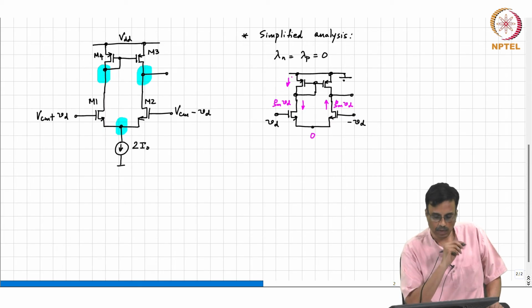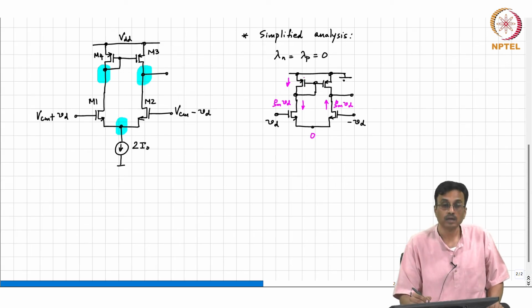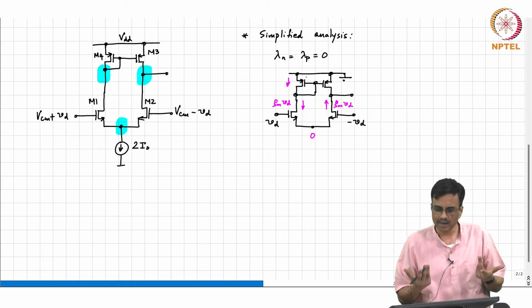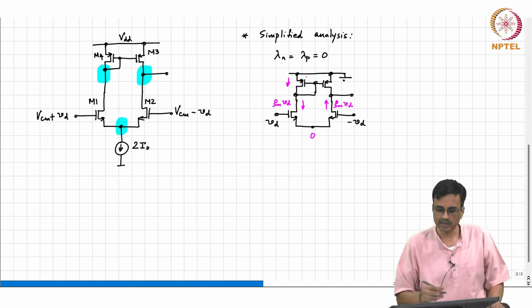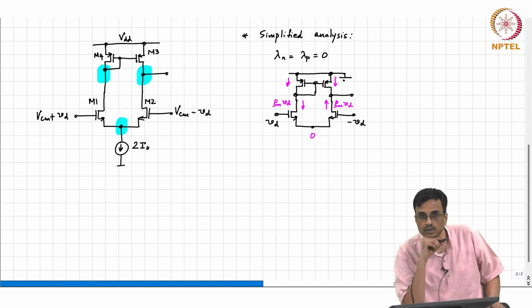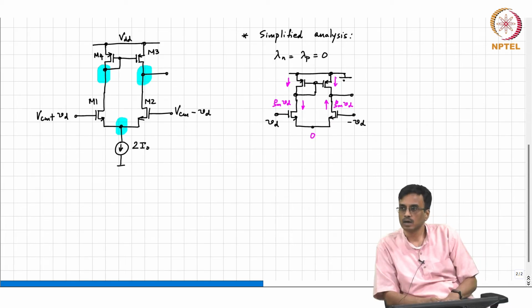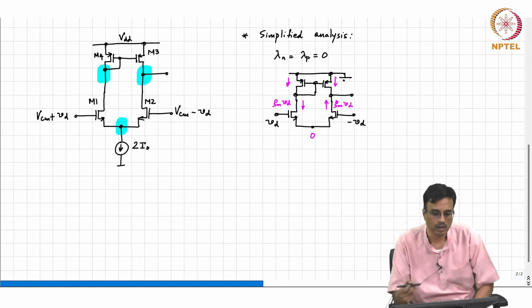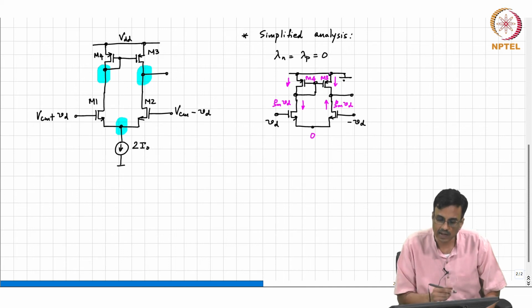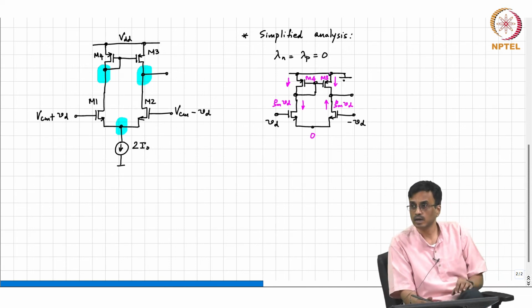What is the current in M4? G m V d, same current has to flow through that diode connected transistor. So, what comment can you make about this current M3? This is sorry, this is M4, this is M3. Okay, what is the current in M3 in the direction shown?